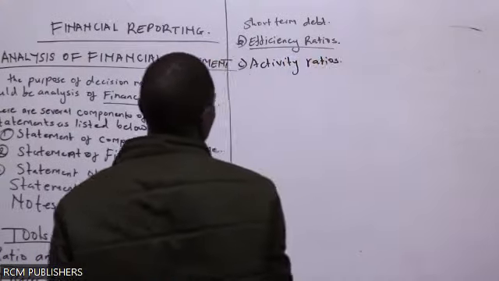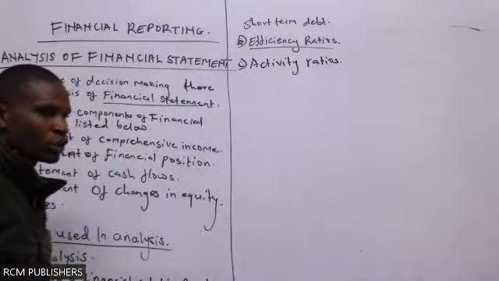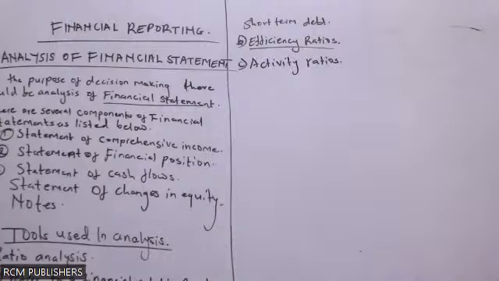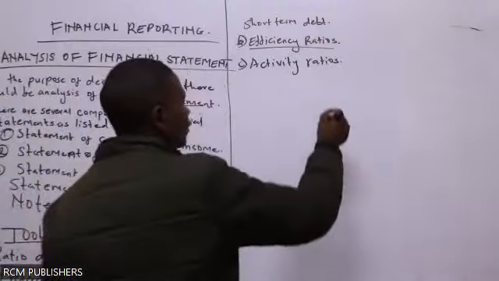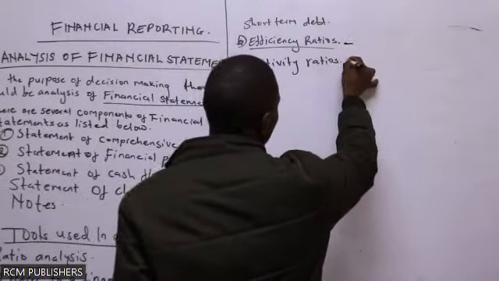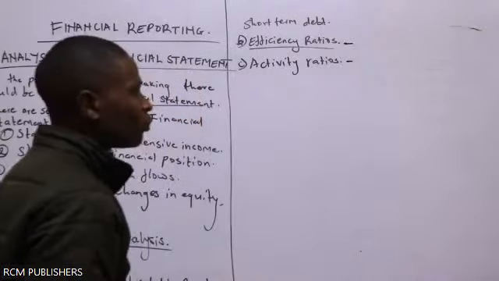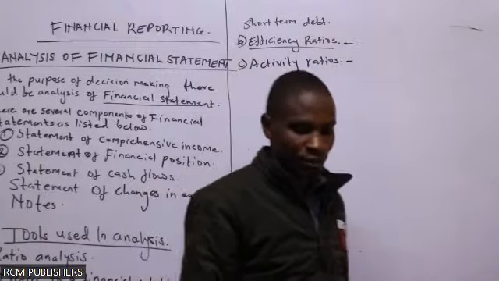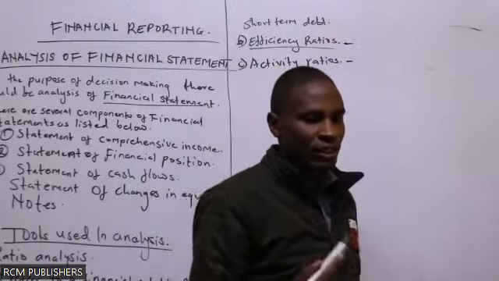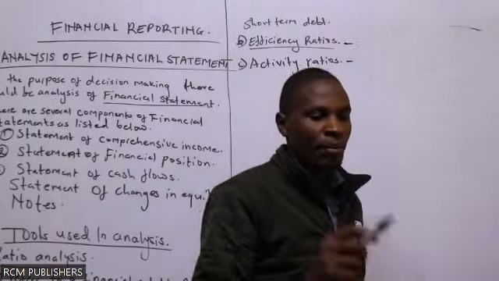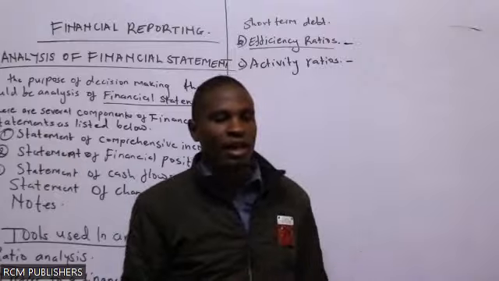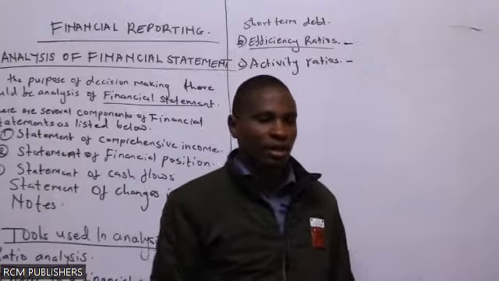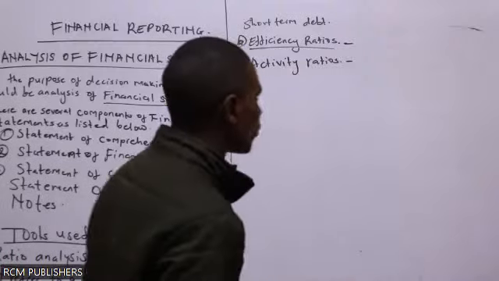Like the way we have said that liquidity ratios show whether the company is able to pay its short-term loans, what about the efficiency ratio? I need you to grow, so go and check the two. How do they relate, or what do they show? Someone can just check from Google and tell us what the efficiency ratio tries to measure for a company. You are bright, I know you are able to tell us that. I give you a few minutes to do that as we proceed.